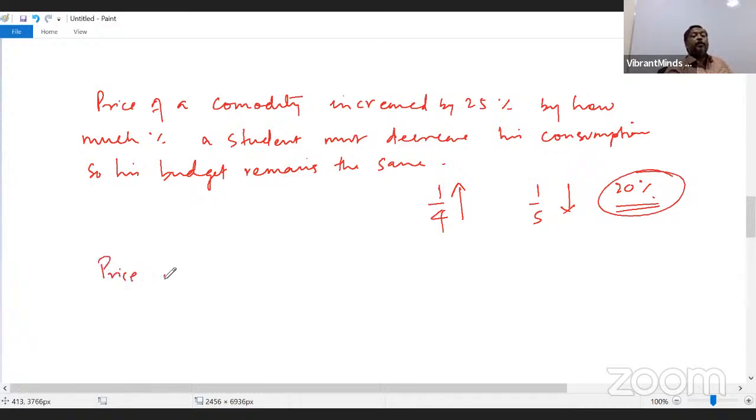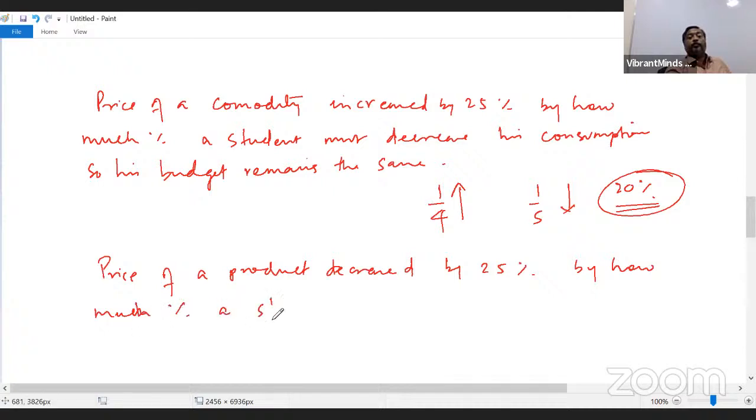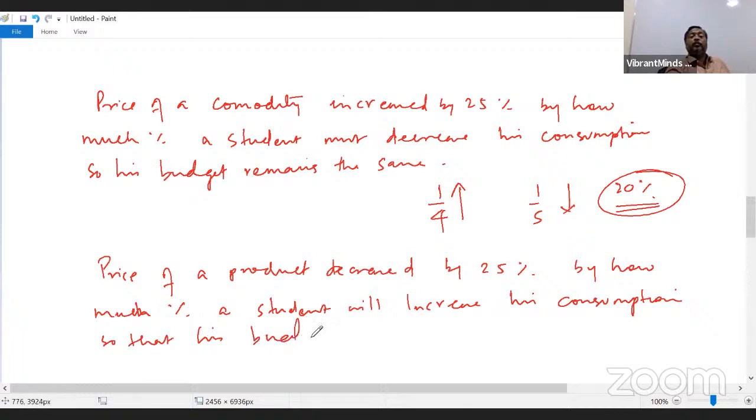If the reverse case happened, let's say the price of a product decreased by 25%, by how much percent will a student increase his consumption so that his budget remains the same?